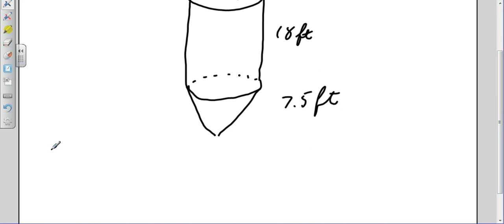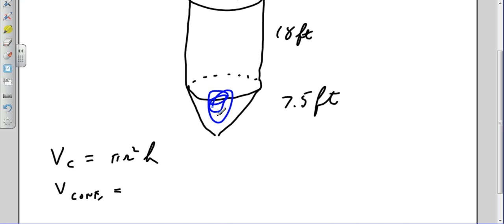So the volume of the cylinder is going to be pi r squared, that's the area of the circle, times h. And then the volume of the cone that's sitting on the bottom here, so there's the cone sitting right there, is going to be 1/3 pi r squared h.